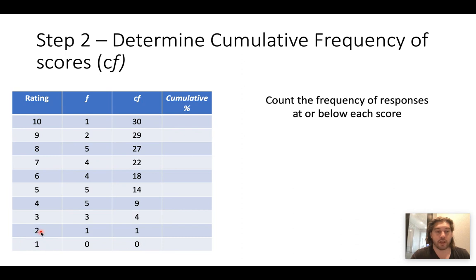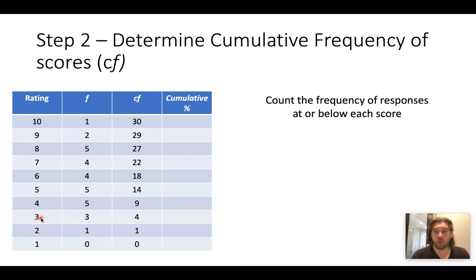So we move up to the score of 2. There's 1, and then we have to ask how many scores are below it? There were 0 scores below it, so the cumulative frequency of 2 is 1, because there's 1 score at or below a score of 2.